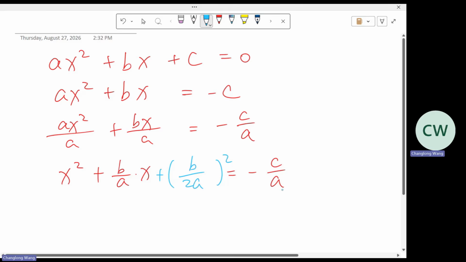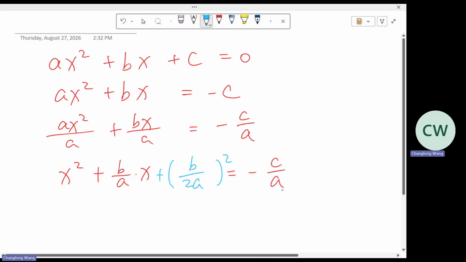Okay. I do want to make sure that everybody sees it. So the trick was to take half of the linear coefficient, which is b over a. How do you take half of it? Well, you literally multiply it with a half. Multiply b with 1, a with 2. Or if you want to think of it as a division, b over a divided by 2.